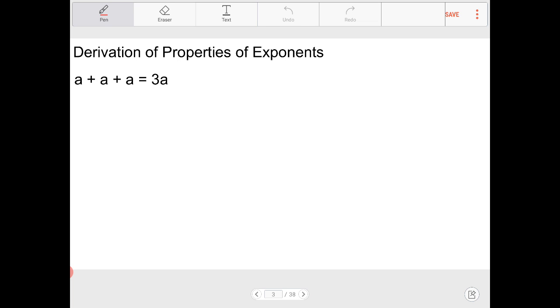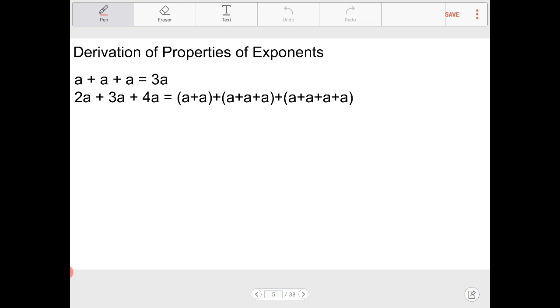Then we can take this shorthand notation and extend it even further. Suppose I have 2a plus 3a plus 4a. I can then combine like terms, and through a lot of algebraic practice, you know that this is actually 9a.